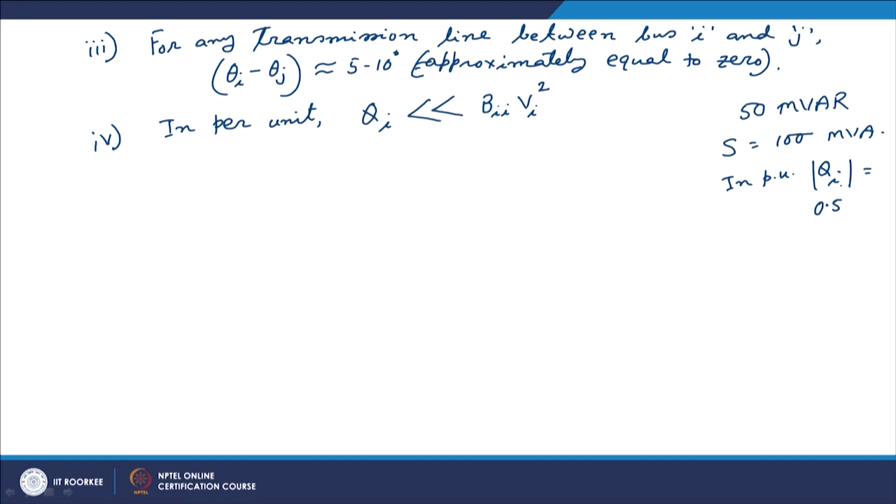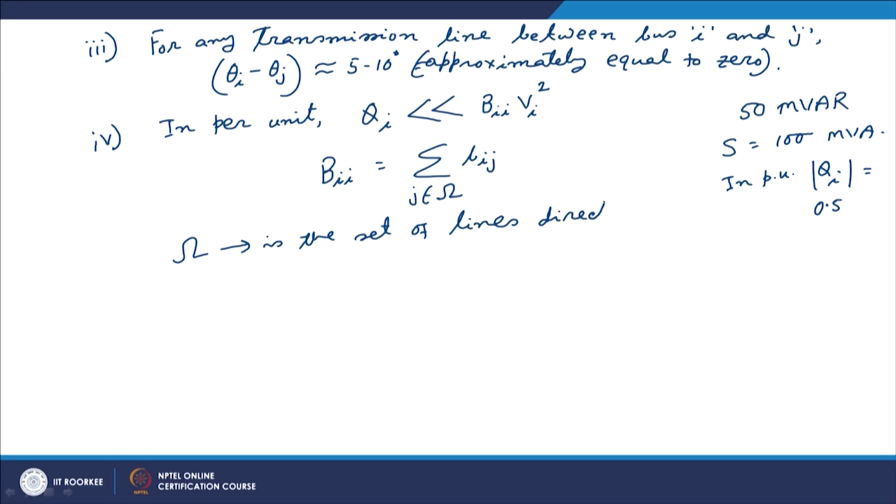Now, we know that Bii is nothing but the sum total of all Bij, where j belongs to the set omega, where omega is the set of lines directly connected to bus i.